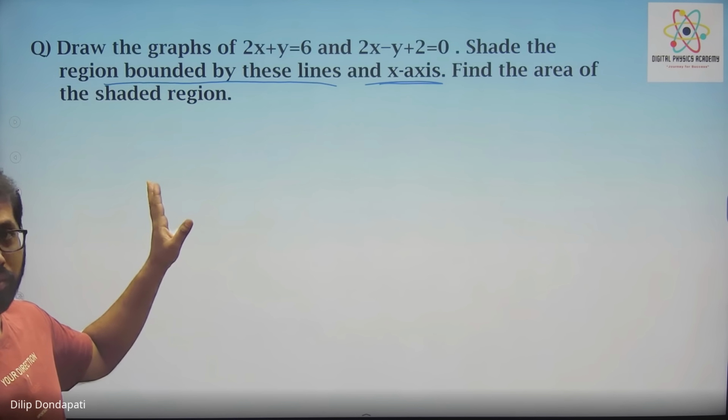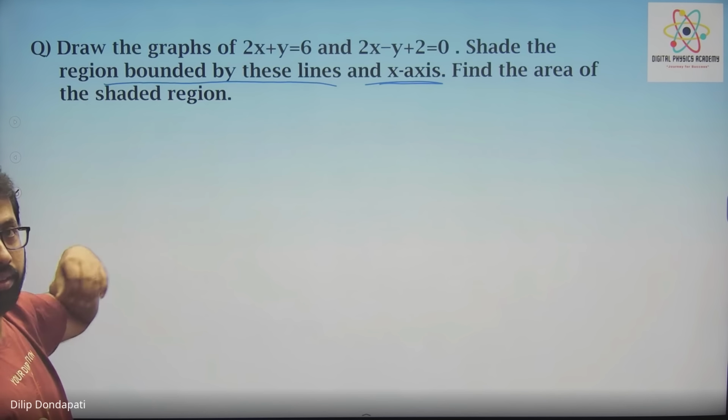Siddharth, are you drawing the graph first one? Second one, drawing the second graph.